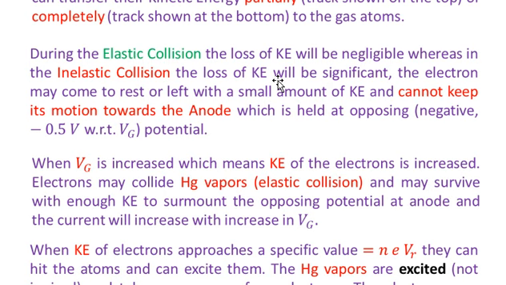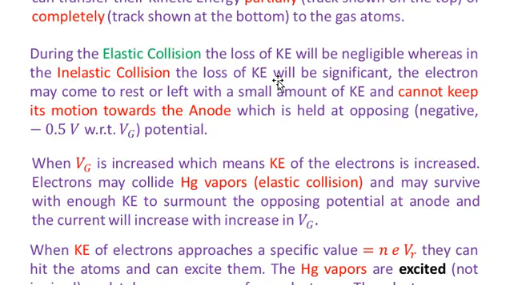The mercury atoms will absorb energy during the inelastic collision from the electrons, which is equal to its first excitation energy. So it means that this will indicate that there is a discrete level in the mercury atom, as only a discrete energy from the electrons during the inelastic collisions has been taken by the mercury atoms. All energies will not be accepted.